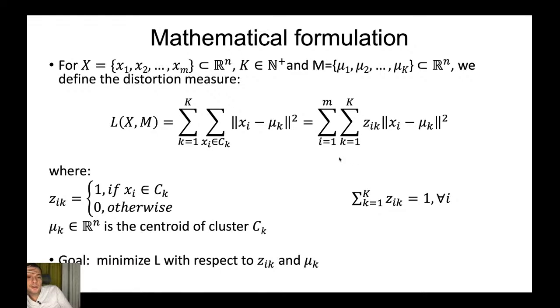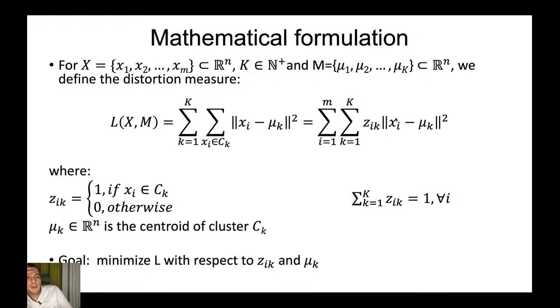Then for each cluster assignment, we can rewrite the objective by using these variables z_ik that can have the value 1 if the current example x_i belongs to the cluster c_k, or 0 otherwise. So if the current example belongs to cluster k, then we have the Euclidean distance between the two points, the centroid and the data point.